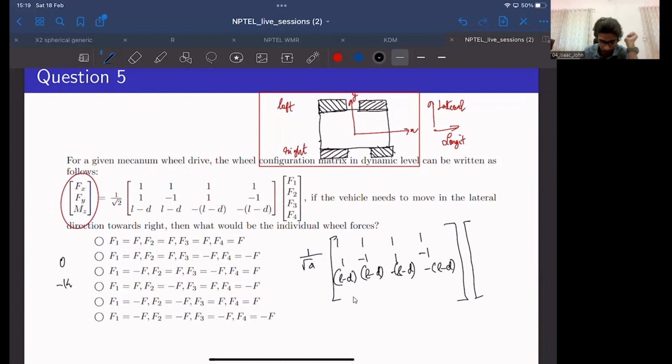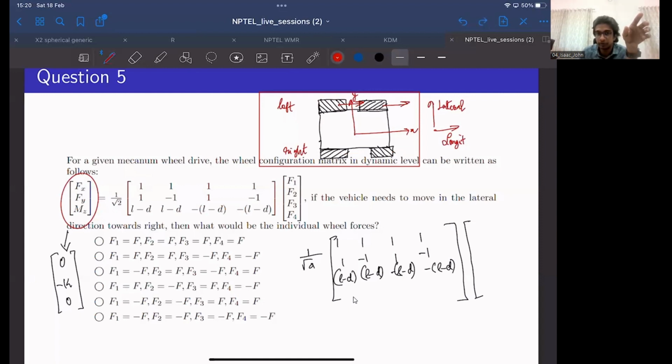The force vector should look somewhat like this. The left hand side of this equation should look like this. So we should find the right combination of individual wheel forces so that we can achieve the left hand side. What about the first case? The first case says all 4 forces along all 4 wheels should be positive, of equal magnitude, positive F.